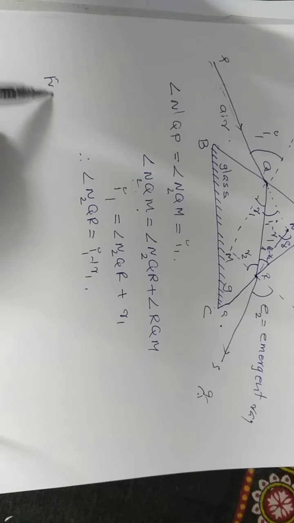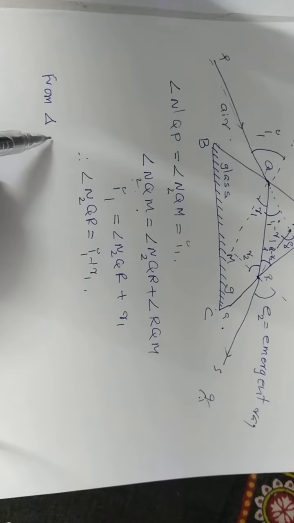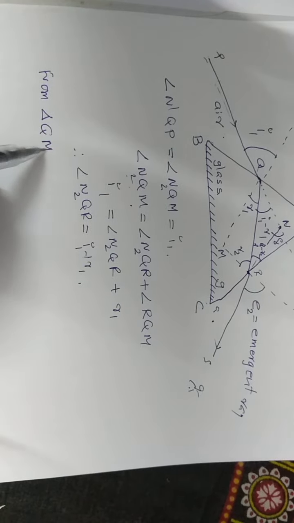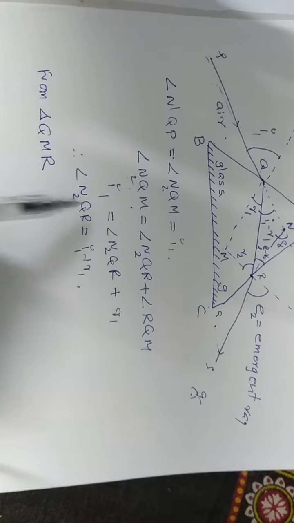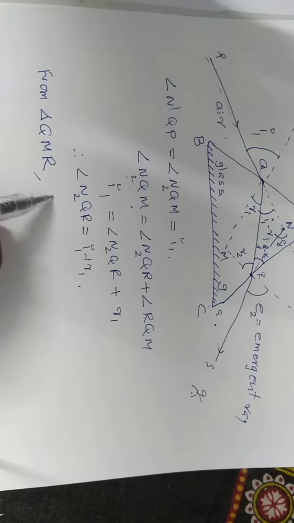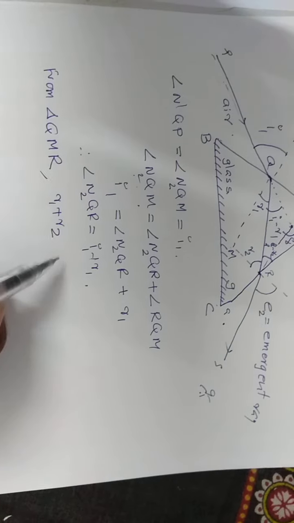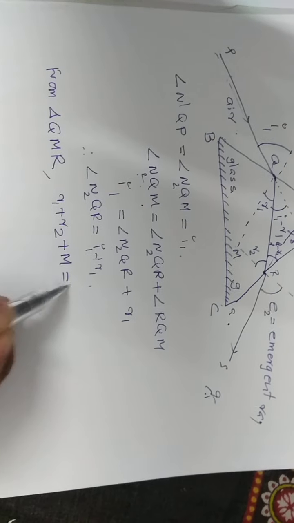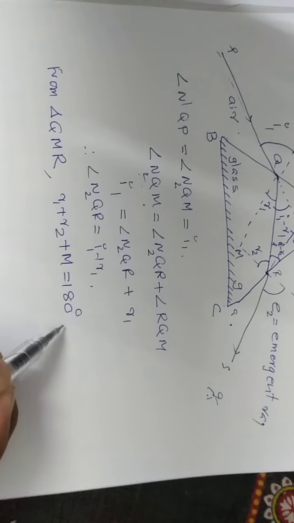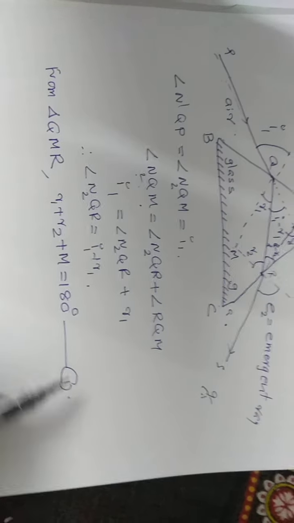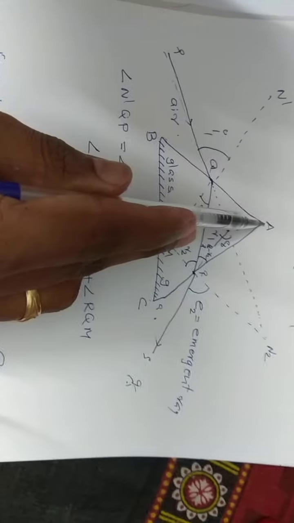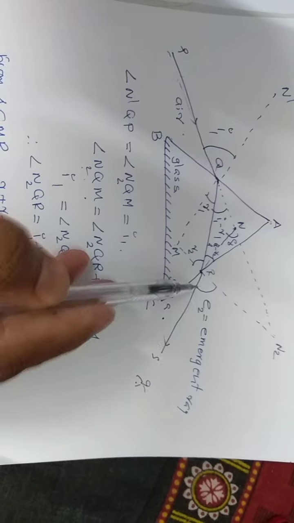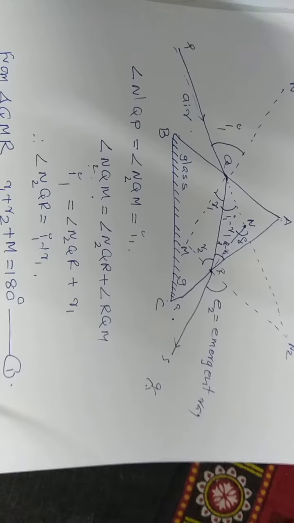It is from triangle QMR. We can write R1 plus R2 plus M is equal to 180 degrees. Similarly, AQMR is a cyclic quadrilateral.